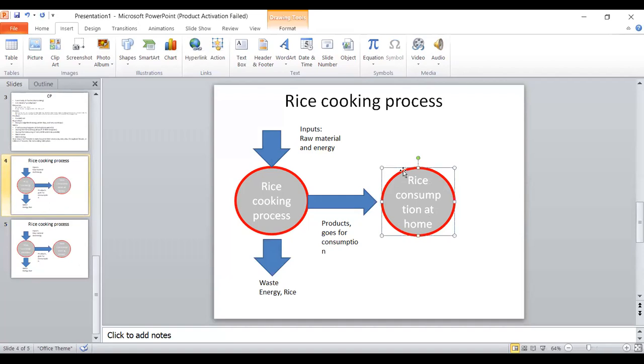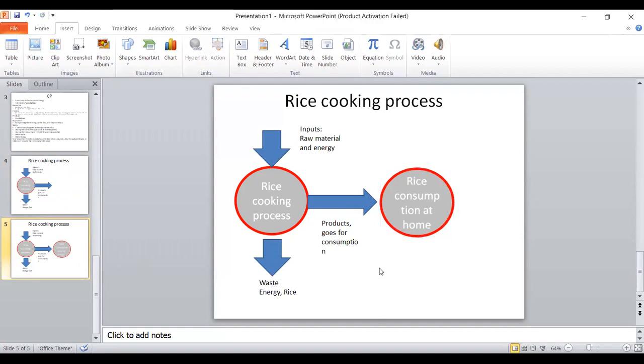Now, this is your input. You consume this.